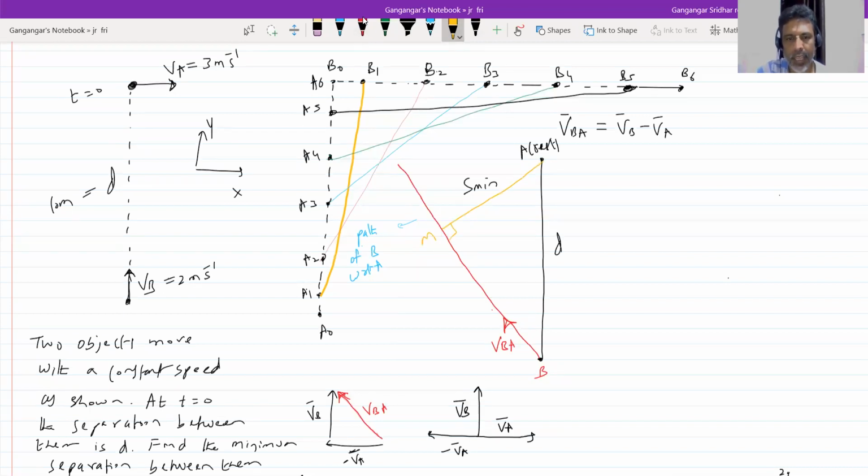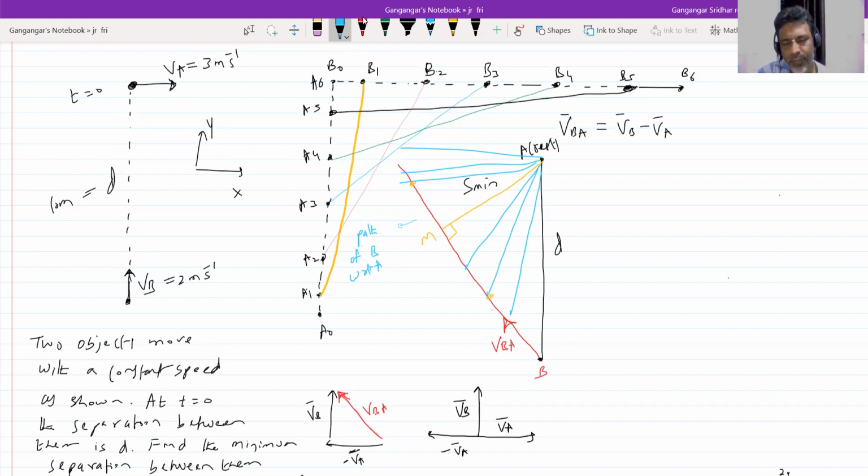Now look at this. When B is here, what is the distance? It will be greater than this S minimum. When B is here, what is the distance? It will be greater than that. I'll draw some reference lines, then I'll erase them. You look at these lines. The blue line's length is greater than that of the yellow line. Among all these, AM is the shortest length.